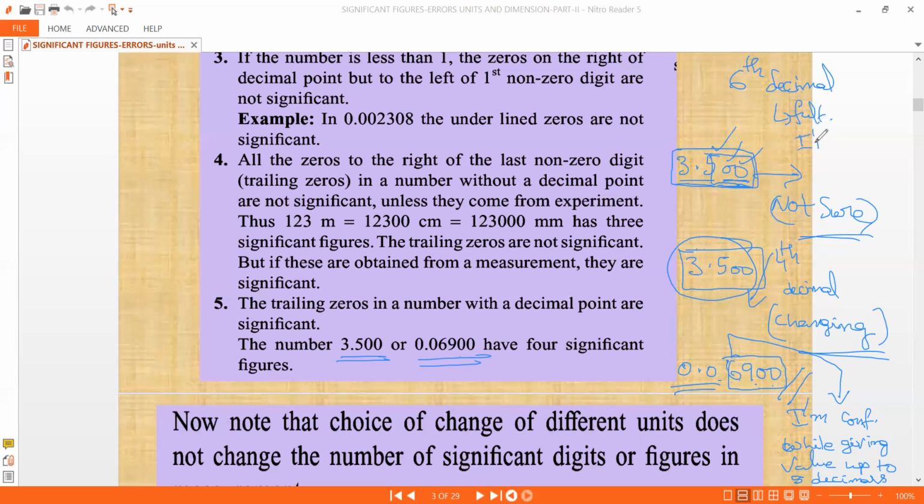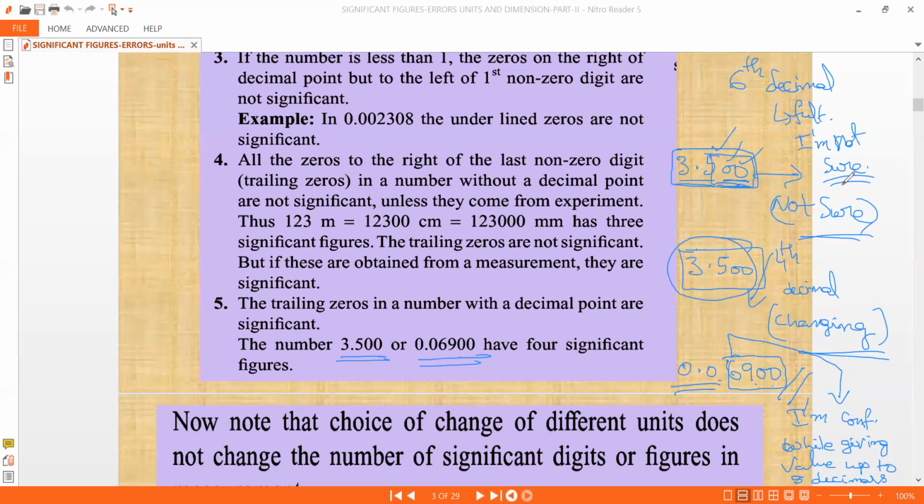So this is what significant digits will tell. After this, I'm not sure. That is what the confidence limit is. My confidence limit breaks down after that.